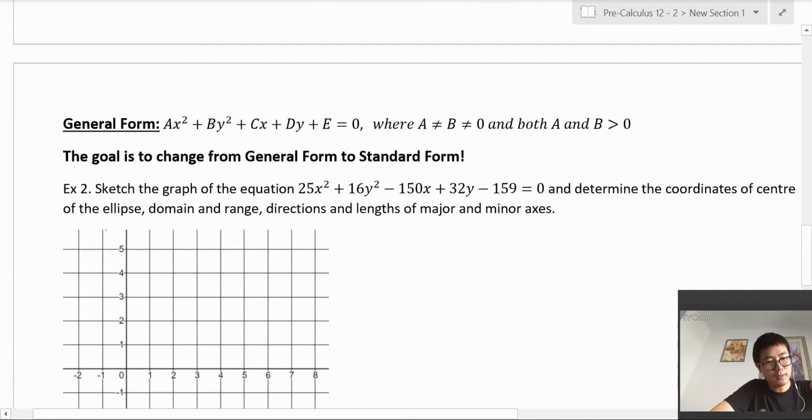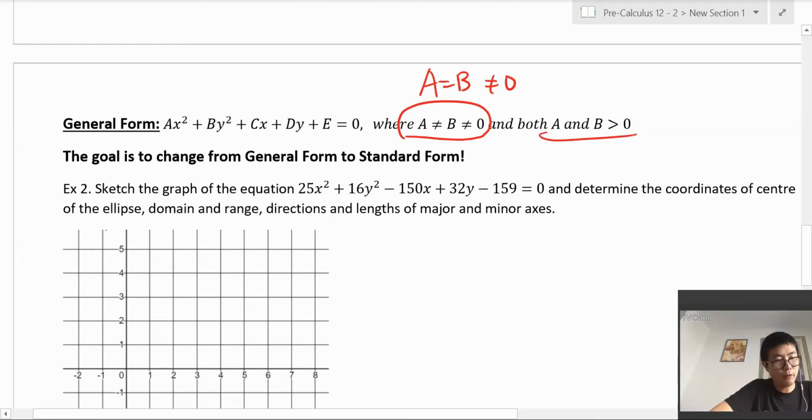The biggest difference is that A cannot equal B, and of course, neither can equal 0. For a circle, it says that A equals B and they cannot equal 0. In this case, A cannot equal B. If A equals B, then it's a circle. And also both A and B must be bigger than 0.